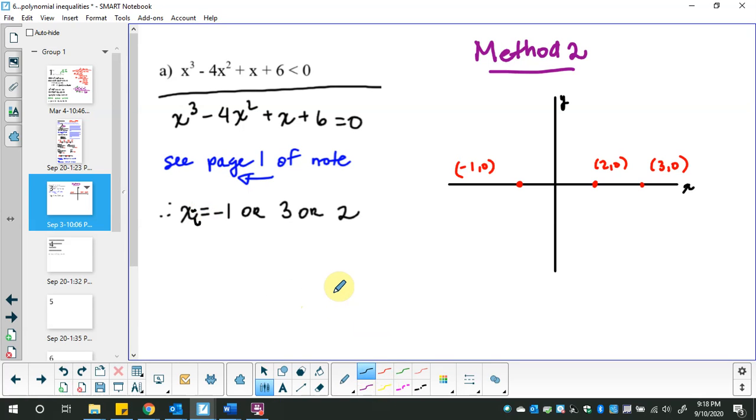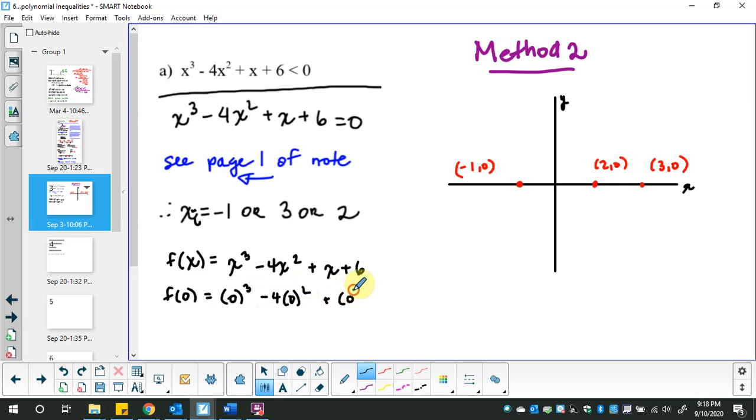Another thing I need to do, the little bit of extra work, is finding out what the y-intercept is. So hopefully you remember that if you're graphing, it means you need an f of x, and to find a y-intercept, you put a 0 into all the x's.